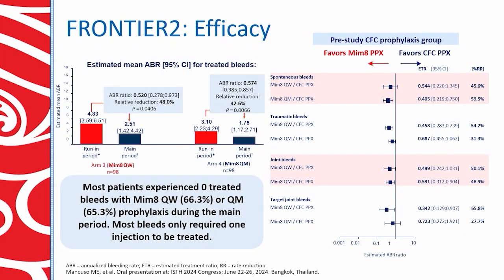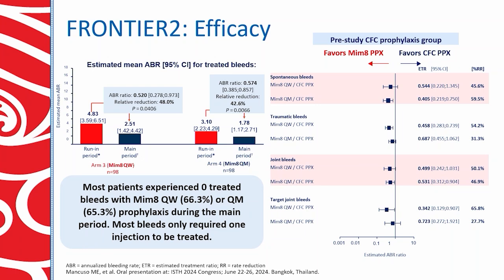And what we can see until now, and let's focus on outcome of bleeds, is that about 2/3 of the patients being treated either weekly or monthly were bleed-free, leading to a median ABR of 0. So that's why we are now more focused on mean ABR, which you can see in this figure.